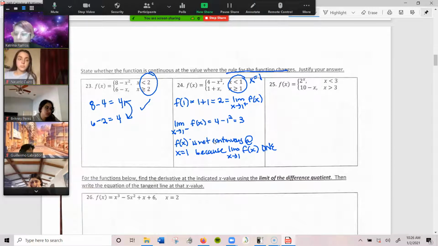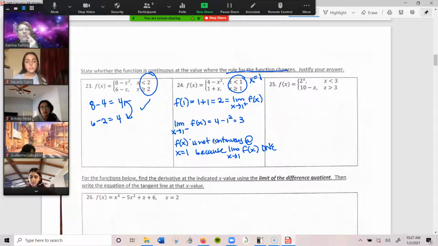Now, what about 25? Is 25 continuous or not? No. Why not? Actually, that's not the reason why we would say it's not continuous. Look carefully at the piecewise function.